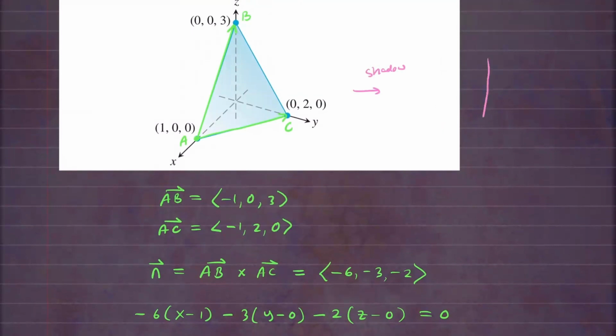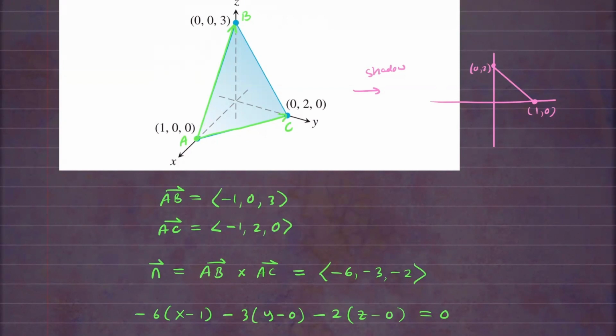So here's our XY plane, and we're going to project this into the XY plane. We're going to pass through this point 1, 0, and also 0, 2. So that's this point right here. It's going to create this triangular shape. That's the projection in the XY plane.